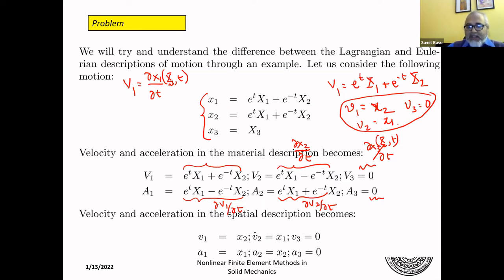Similarly, if you do accelerations, this quantity is equal to x1, as you can see. This quantity is equal to x2, and small a1 is x1, and small a2 is x2. Small a3 is, of course, equal to 0. So this is conversion from Lagrangian to Eulerian, or material to spatial coordinates.